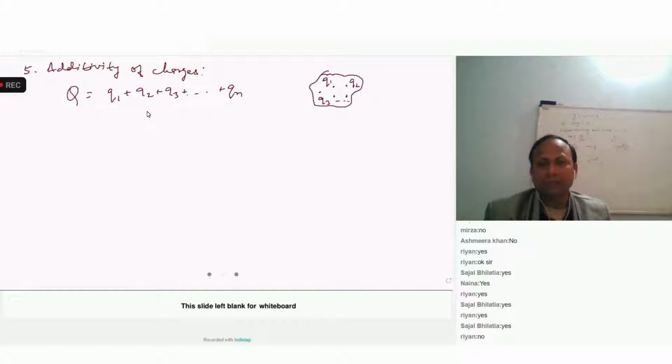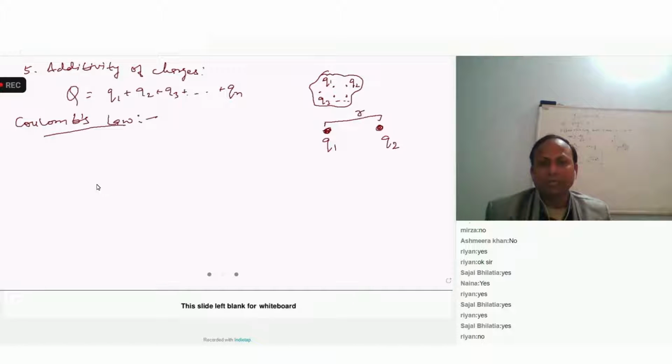And now we will study about Coulomb's force, or you can say Coulomb's law. This law states that suppose there are two particles, two objects. Charge on one object is Q1 and charge on the other object is Q2, let's suppose, and the distance between them is r.